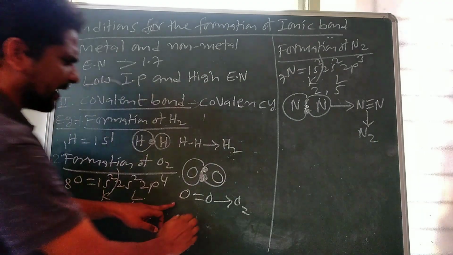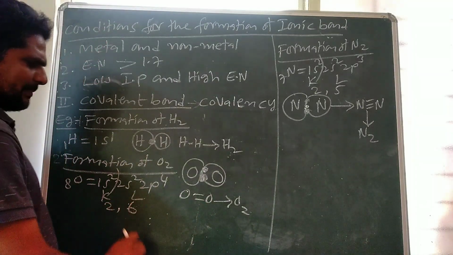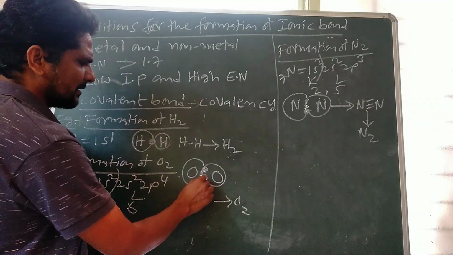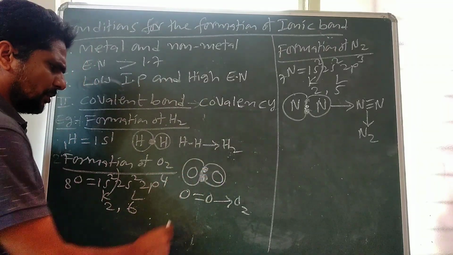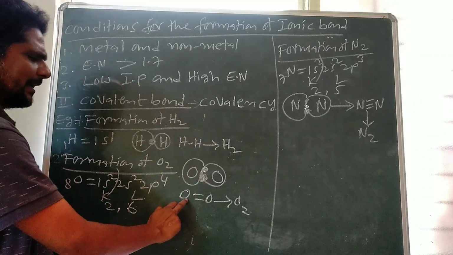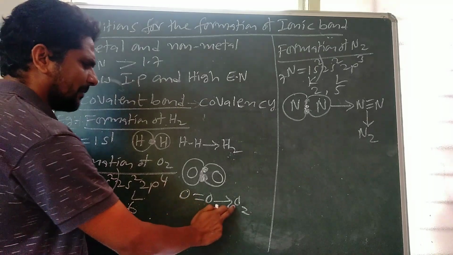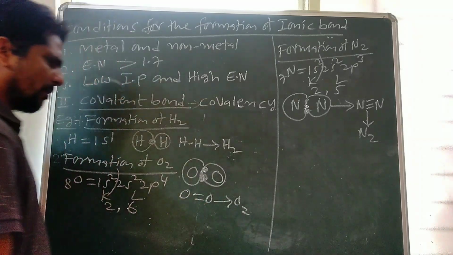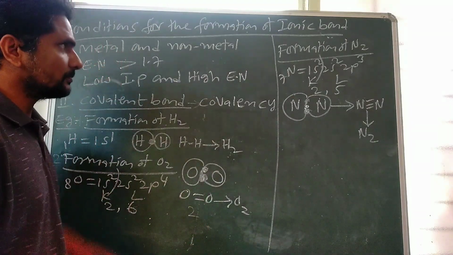So 2 oxygen atoms require 2 electrons each for stability. These 2 electrons are mutually shared between 2 oxygen atoms. That's why a double bond is present between 2 oxygen atoms in an O2 molecule. So the covalency of oxygen in O2 molecule is 2.